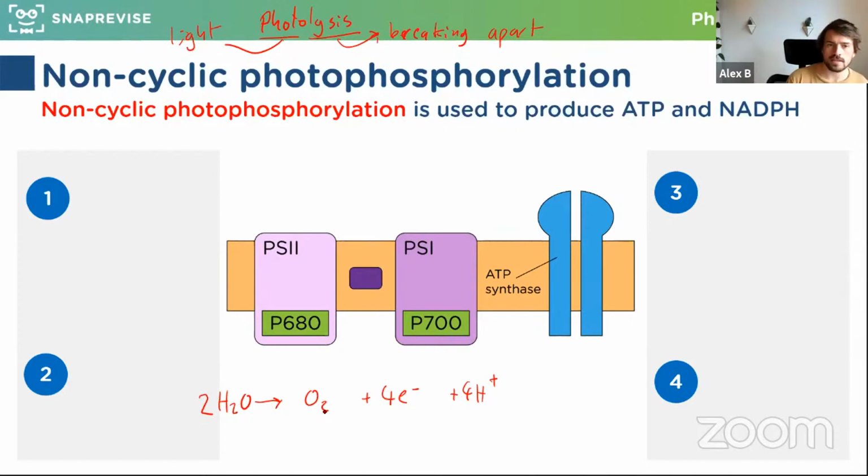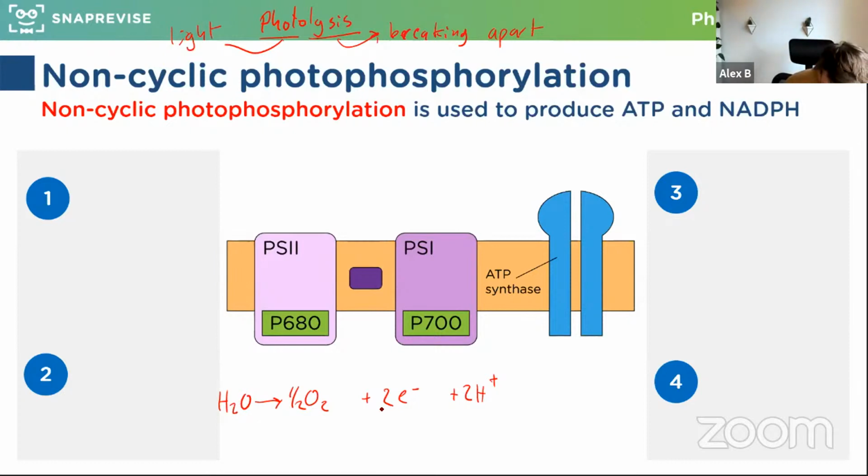Oxygen goes round as O2, so I think that's a nicer way of showing it. But some people prefer to do it like this: 1/2 O2, and then 2, and then 2. Both are absolutely correct. There's no real difference. So that's the photolysis of water.